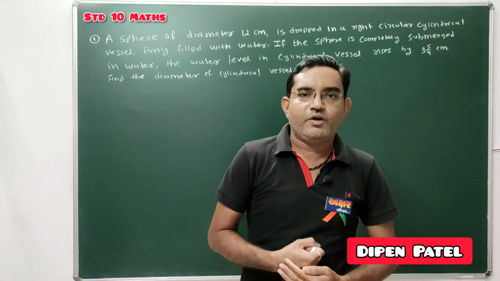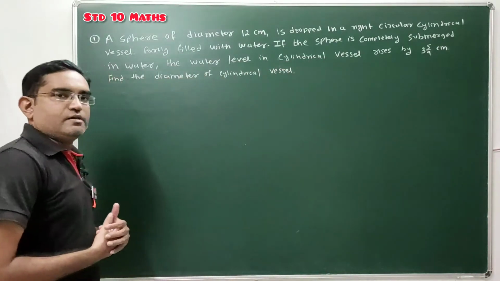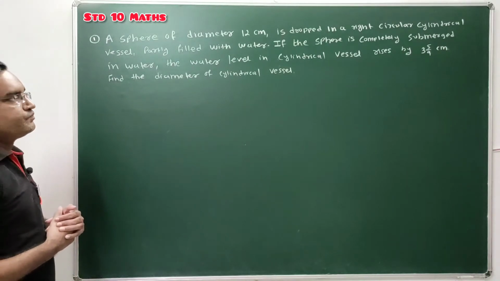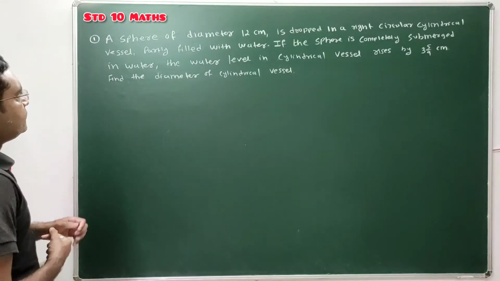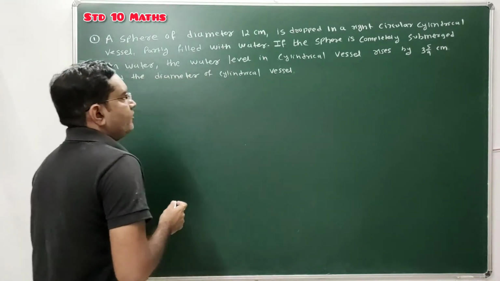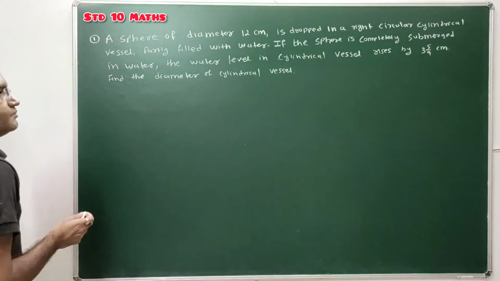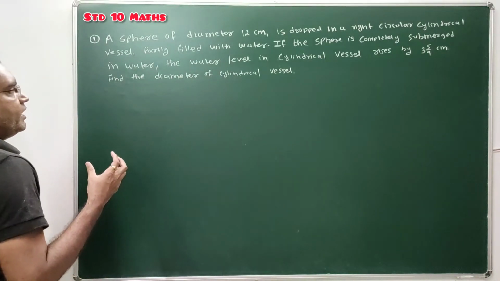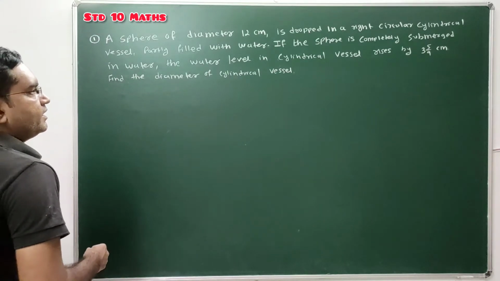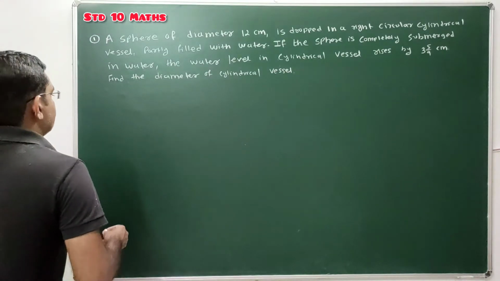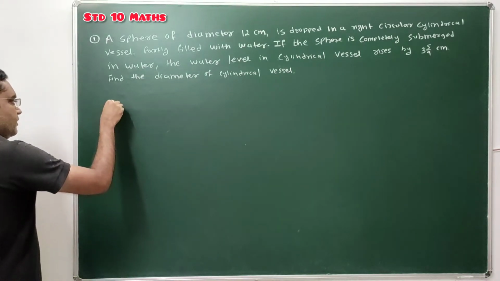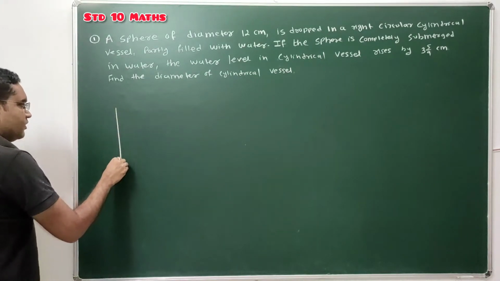In this video we are going to discuss additional practice sums based on surface area and volume, standard 10. So here question number 1. A sphere of diameter 12 cm is dropped in a right circular cylindrical vessel, partially filled up with water.